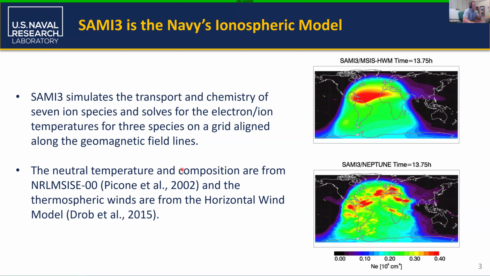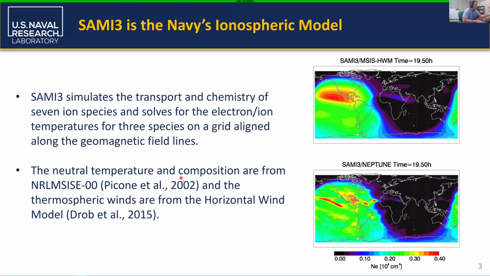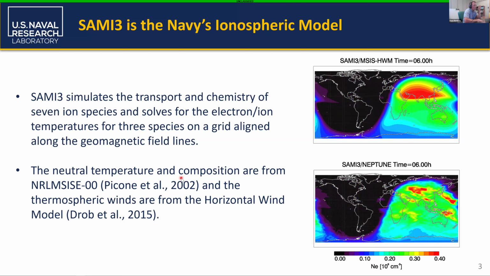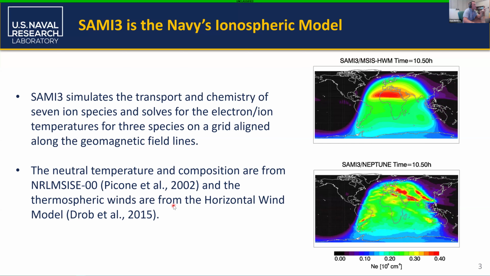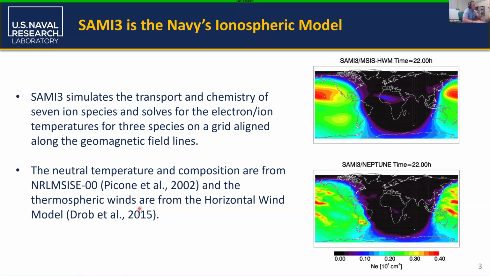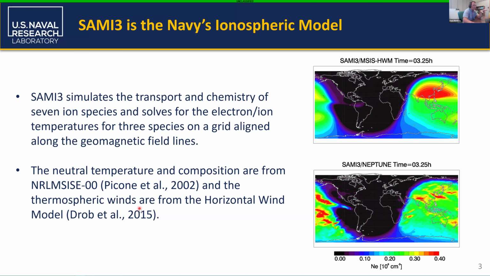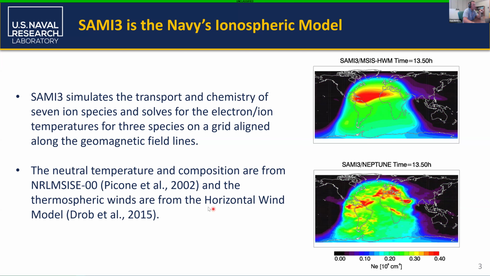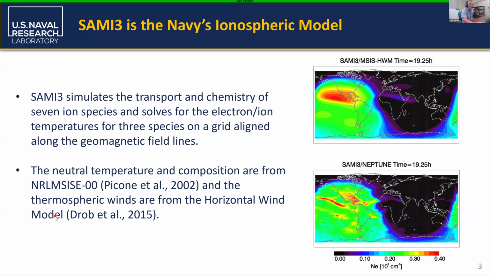So the version that we're going to use in the data assimilation experiments that we're moving towards right now is this version of SAMI-3 that's forced by a statistical empirical neutral model. So that uses this thing which we refer to as MSIS, and the horizontal wind model we refer to as HWM.